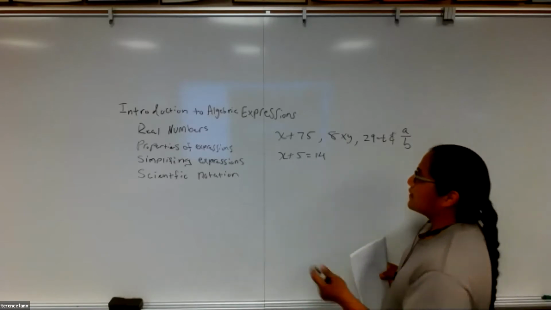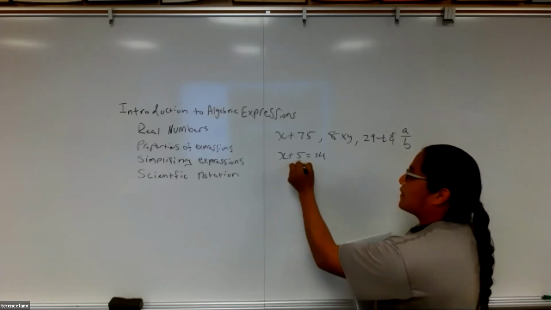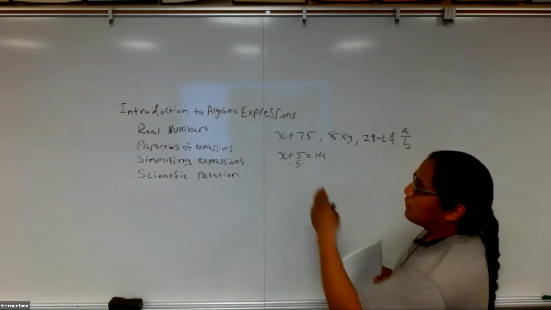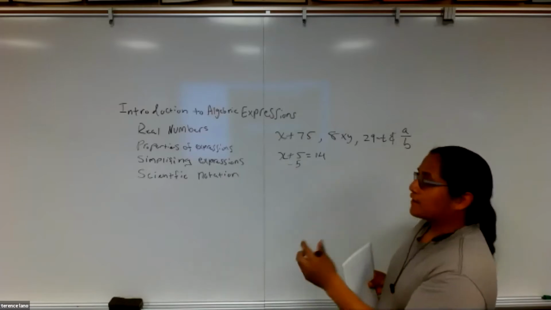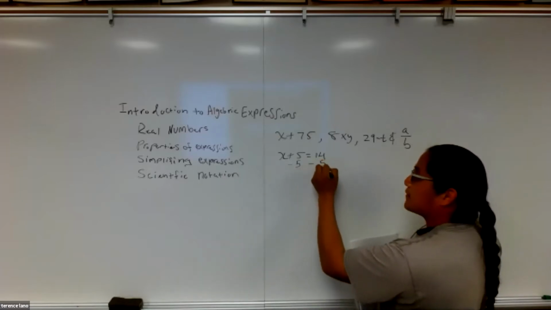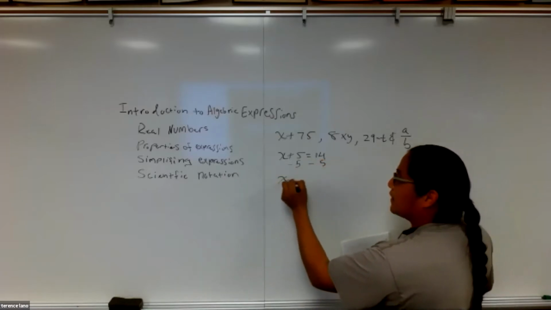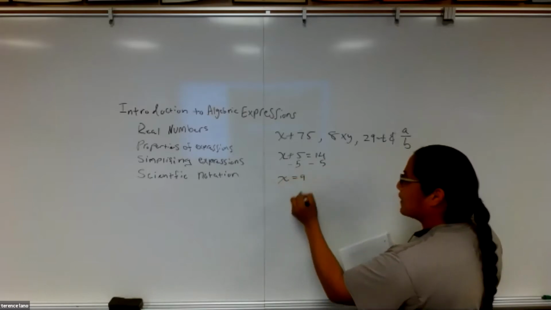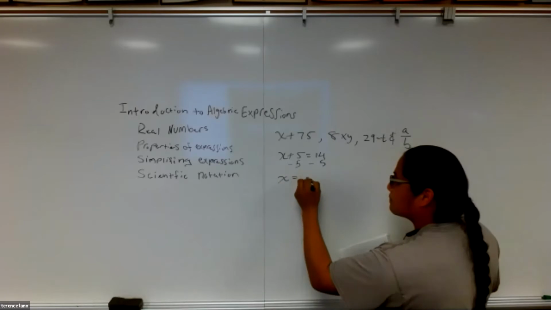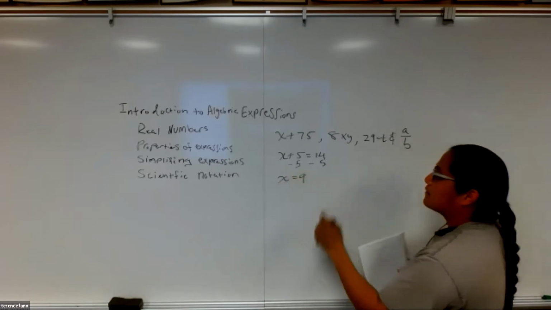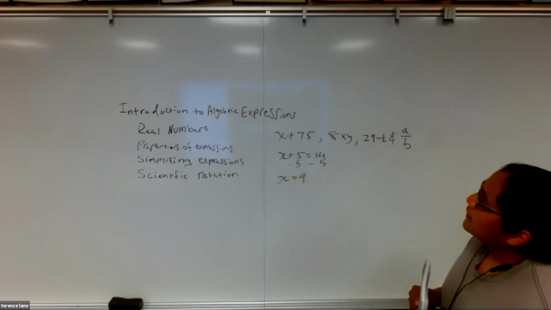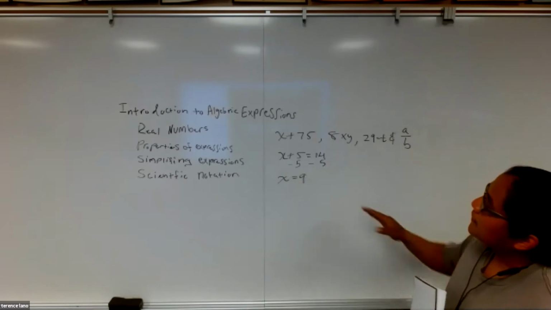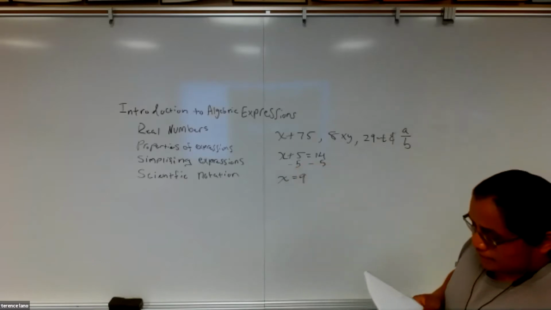And how we do that is we minus 5, and what you do on one side, you've got to do to the other. So we're going to do the same thing to the other side, and we'll have x equals 9. So we're just finding a number that's going to make the statement true.